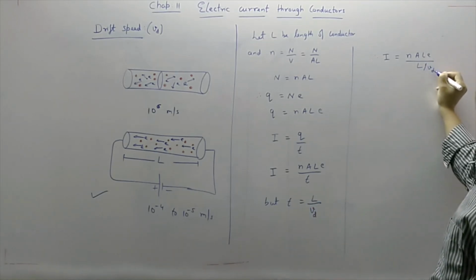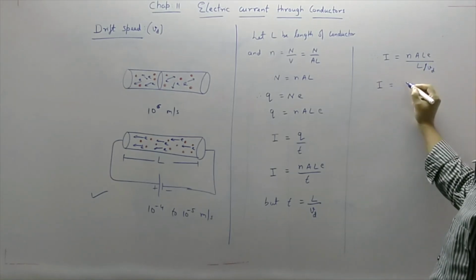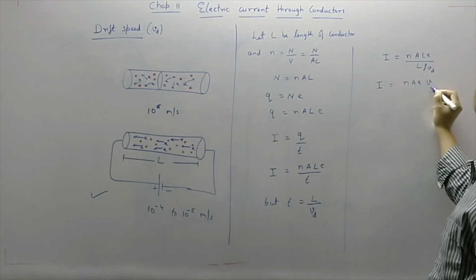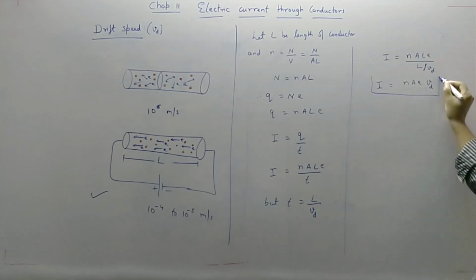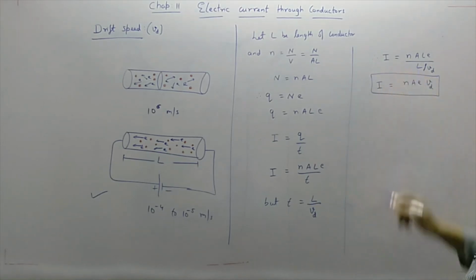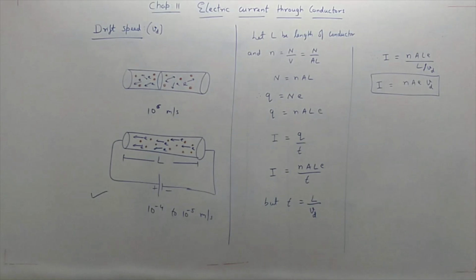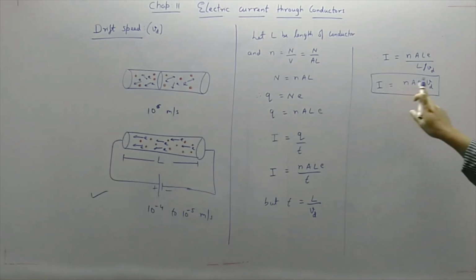L cancels and you get current I = nAeVd. That is the relation between current and drift velocity, where n is the number of electrons per unit volume, A is the area of cross section, e is the charge, and Vd is the drift velocity. So here we are relating current and drift velocity.